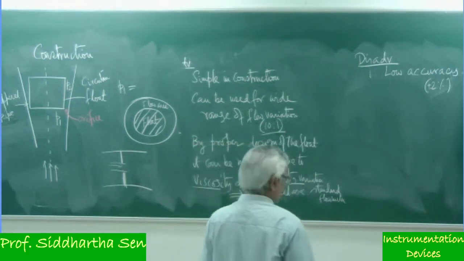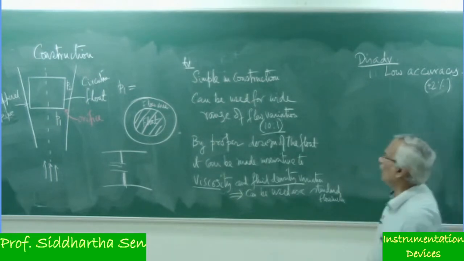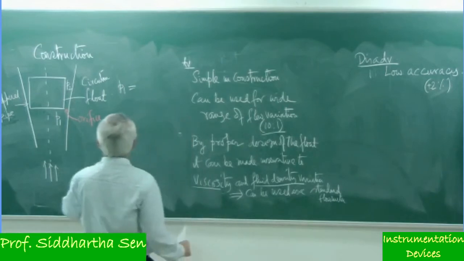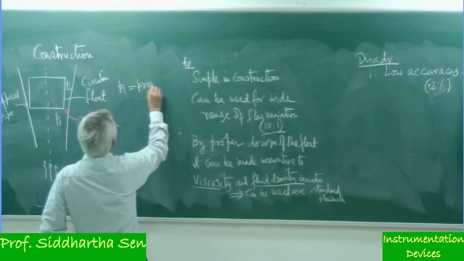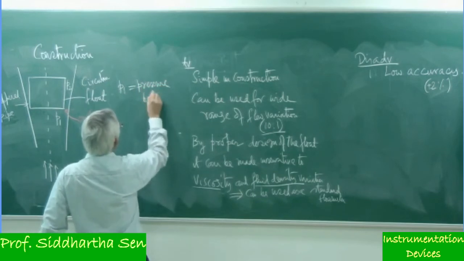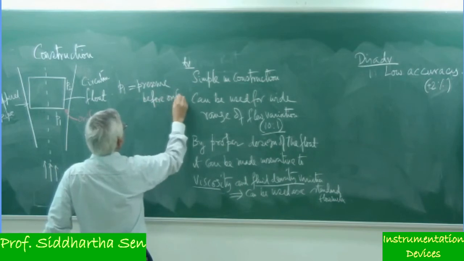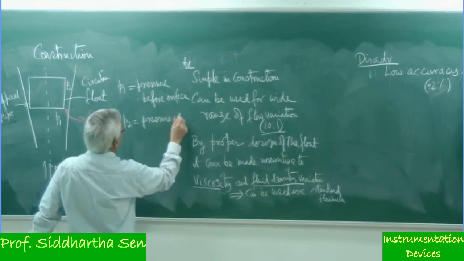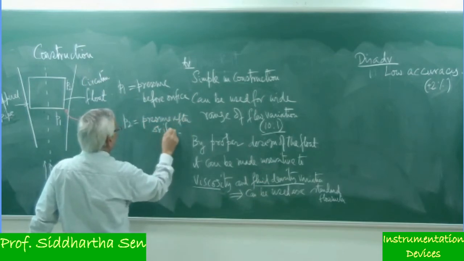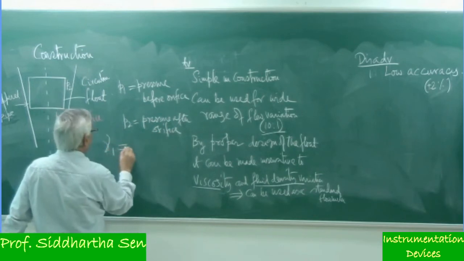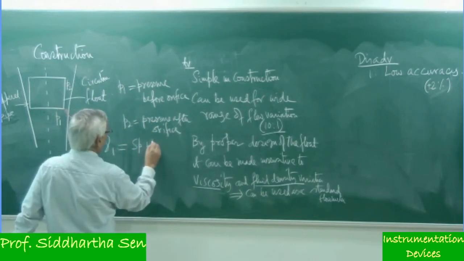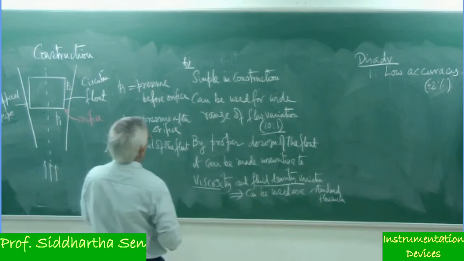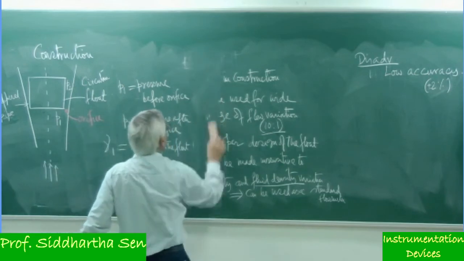We call this P1, the pressure before the orifice. P2 is the pressure after the orifice. Gamma 1 is the specific weight of the float, and gamma 2 is the specific weight of the fluid.